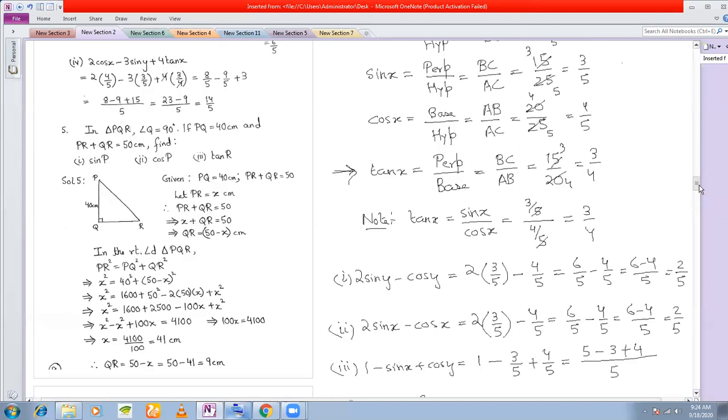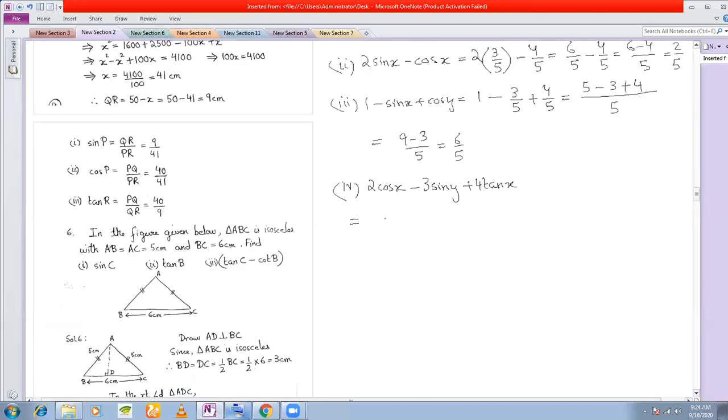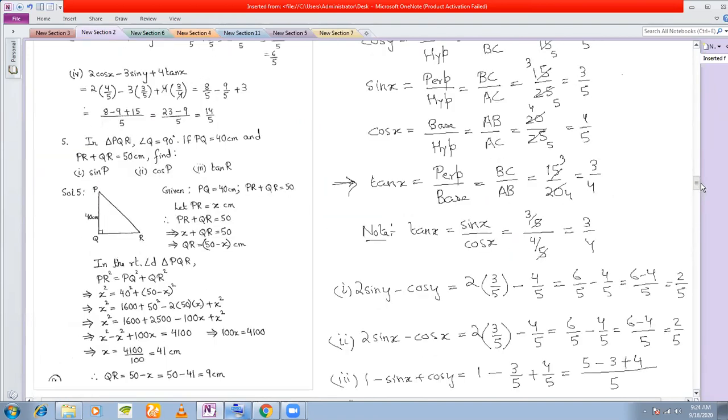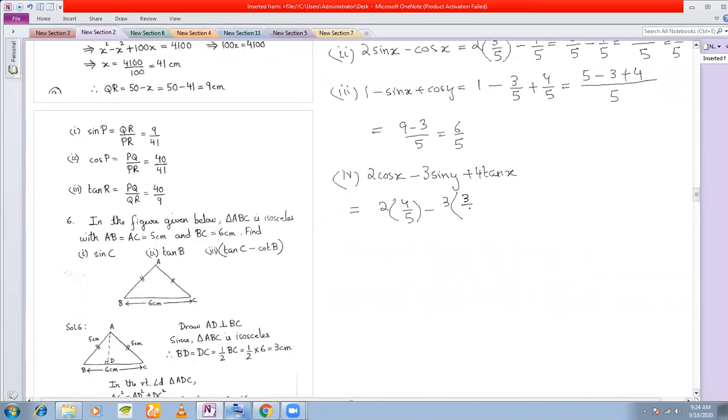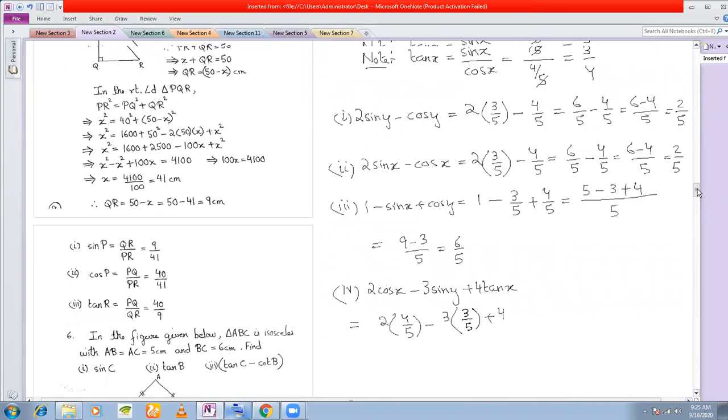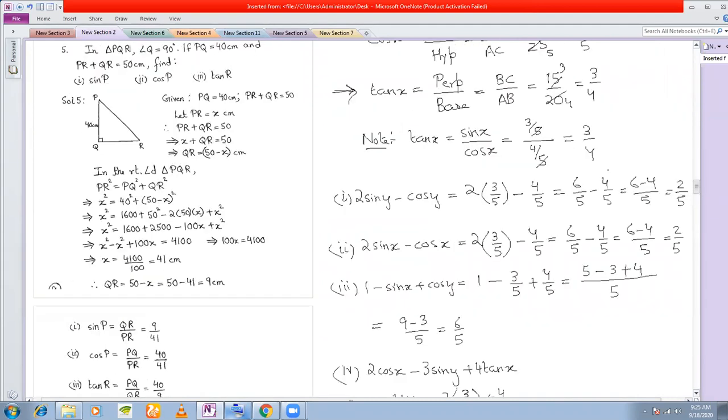The value of cos x we have found out as 4 by 5. So you put 4 by 5. Sin y, put the value of sin y. We have found out the value of sin y here as 3 by 5. And the value of tan x above we have found out as 3 by 4.